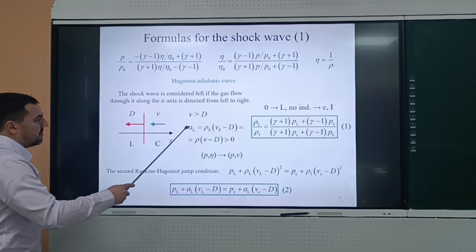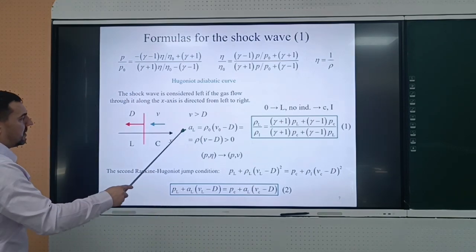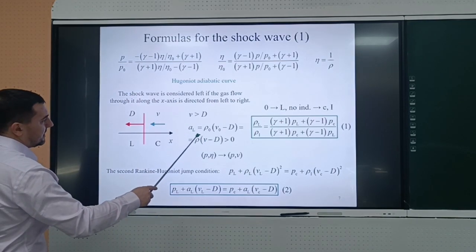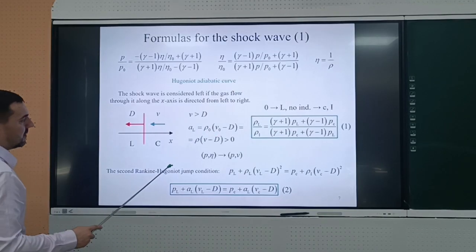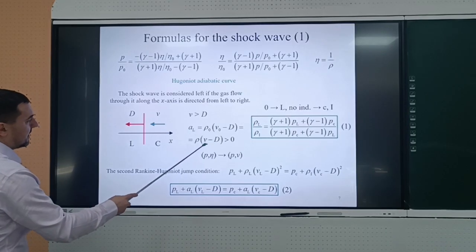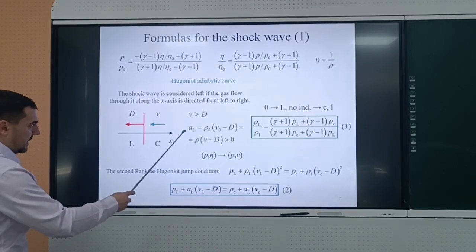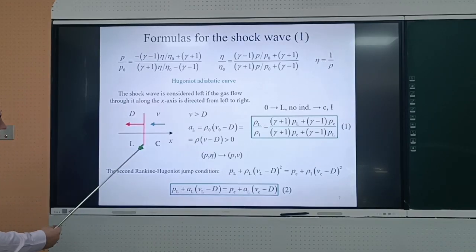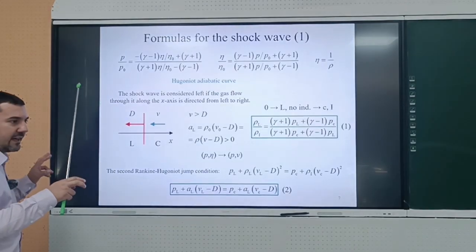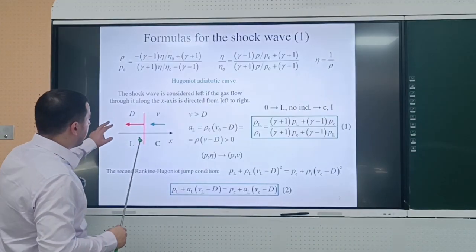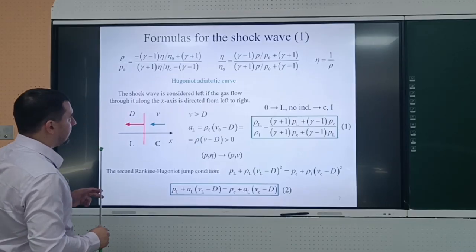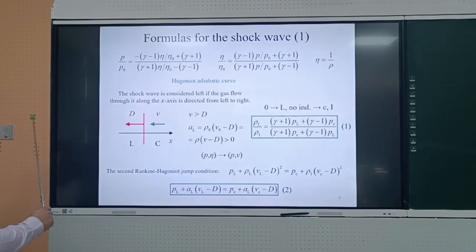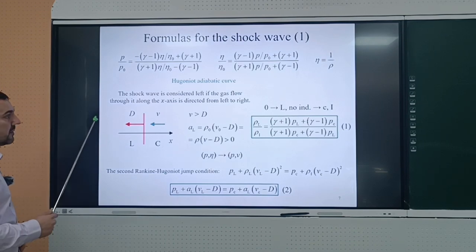Then we introduce the mass flow velocity a sub L as rho times v minus d, and this value will be greater than 0 because v is greater than d. So if for the shock wave a is greater than 0, it means that the shock is a left one, because the gas flow through it along the x-axis is directed from left to right. So this is the definition of the left shock wave.